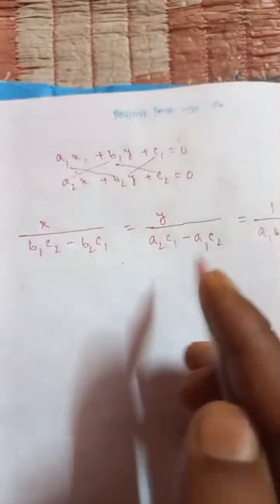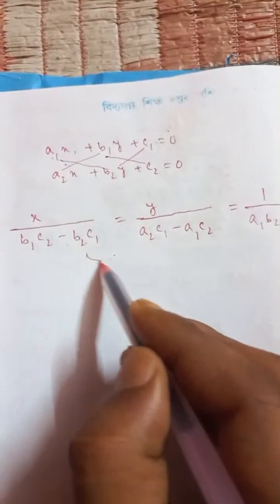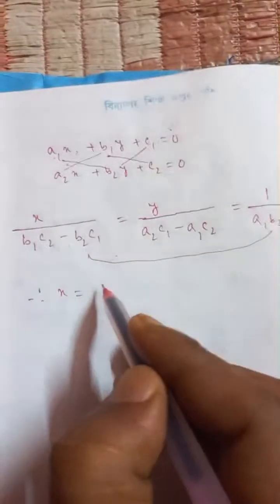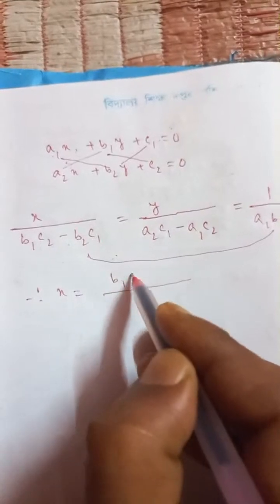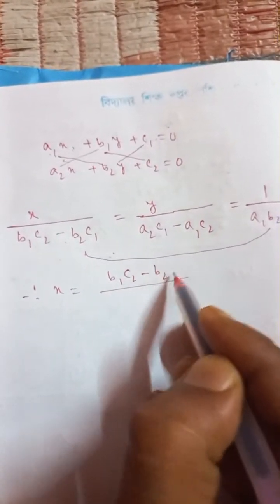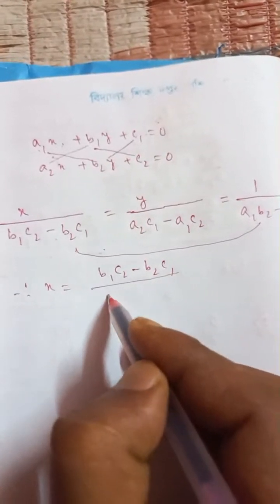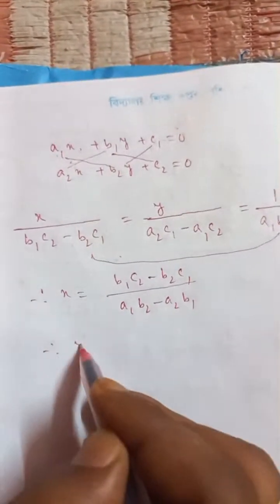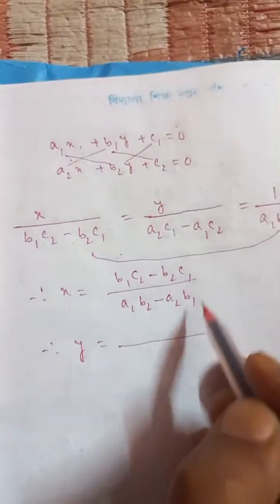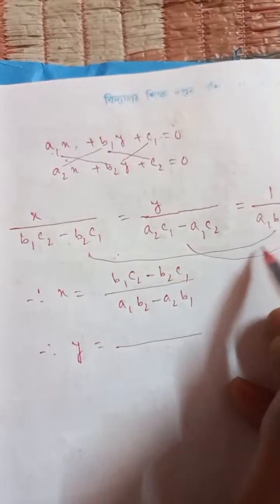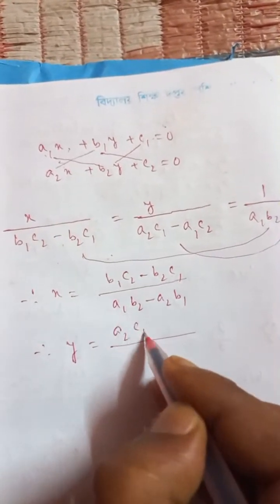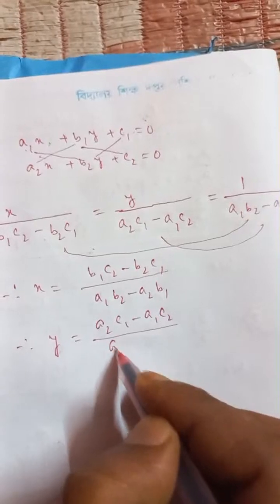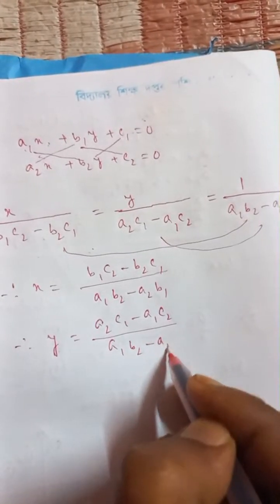So in this way we apply cross multiplication, and if we equate the first and the last, we will find the value of x, which will be (b1c2 minus b2c1) by (a1b2 minus a2b1), and y, if we compare the second and the last term, will be (a2c1 minus a1c2) by (a1b2 minus a2b1).